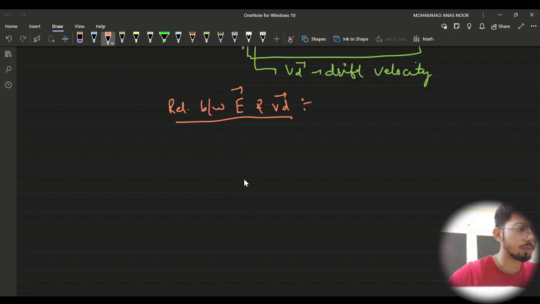As you know, E is dV by dr, that means voltage upon length of the conductor, right?